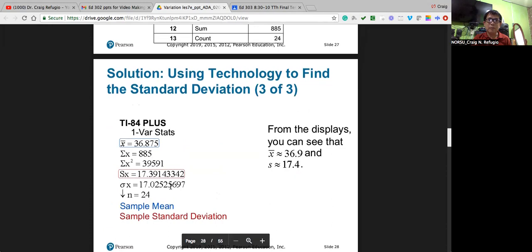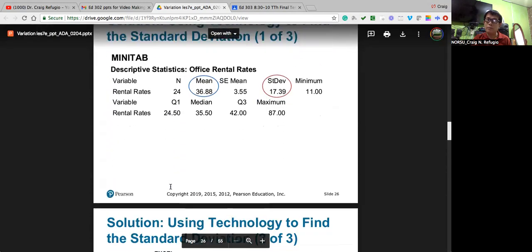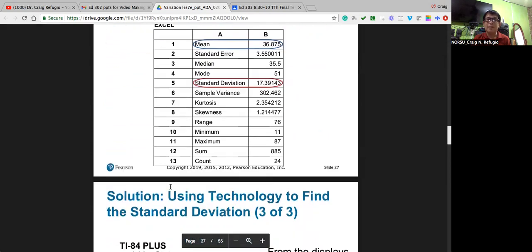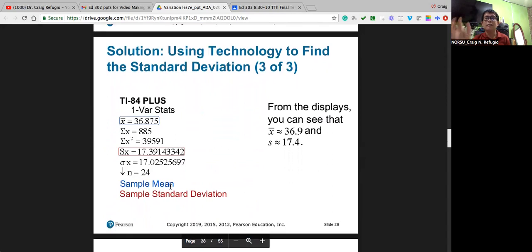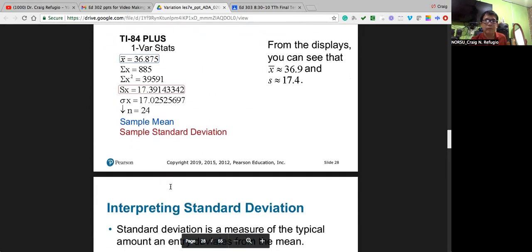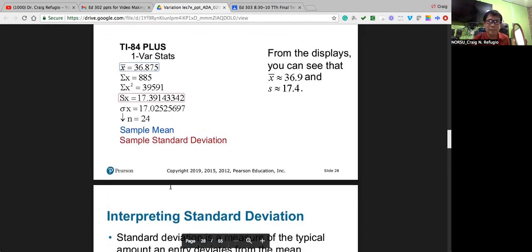So take note, we have the TI-84, Excel, Minitab, and also SPSS, the Statistical Package for the Social Sciences. I repeat, SPSS, or the Statistical Package for the Social Sciences. Those are the technologies we use. But in our class, we only make use of Microsoft Excel, the basic ones.